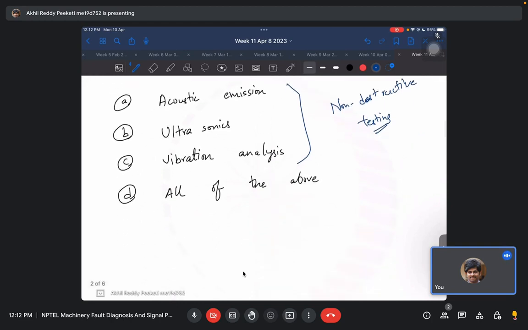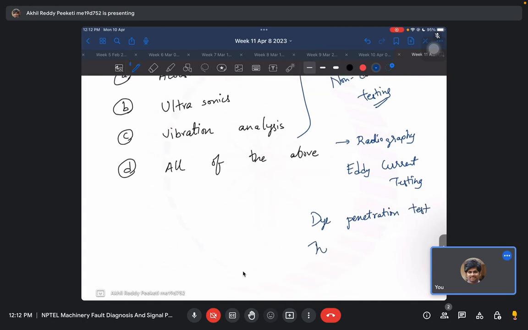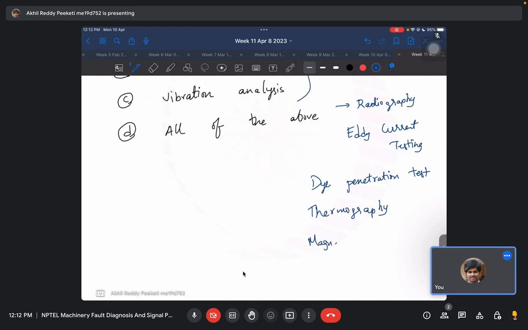So what are the other types of non-destructive testings that are available? Radiography and eddy current based testing. There is dye penetration test. And there is thermography also, and magnetic particle inspection.